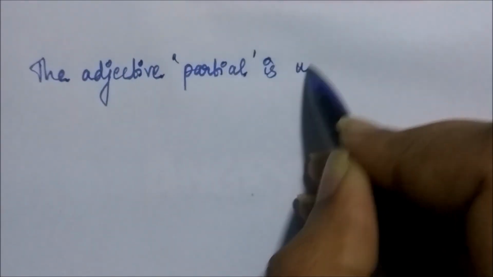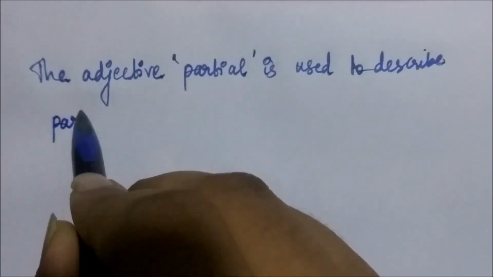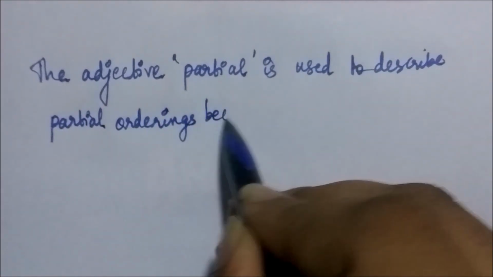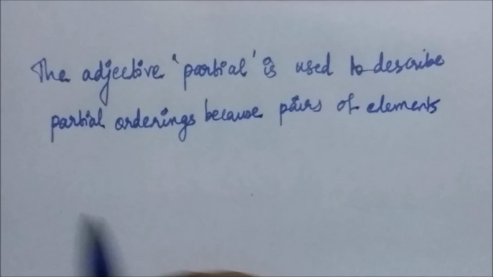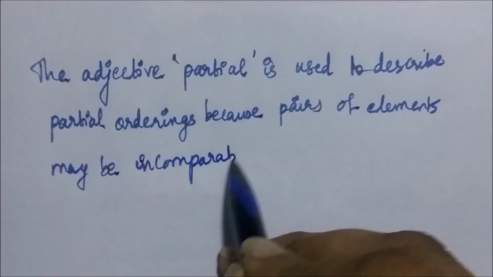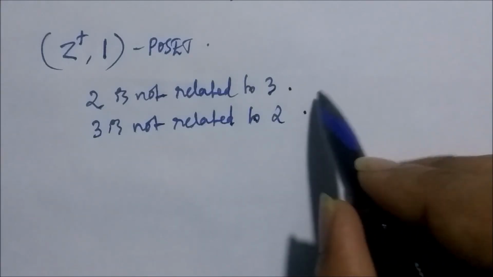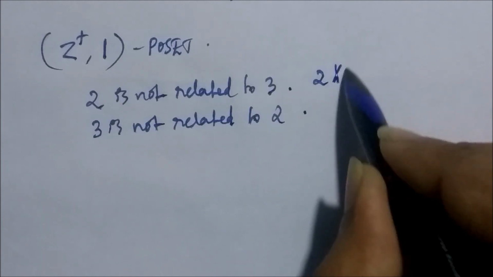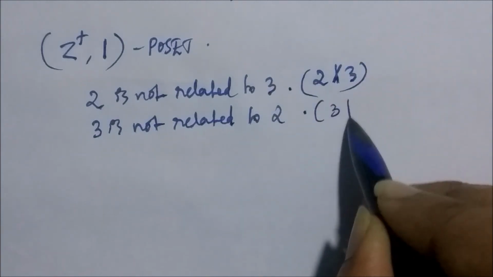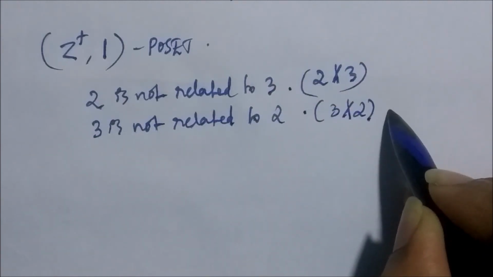So when we say partial ordering, the adjective partial is used because pairs of elements may be incomparable. As we saw, (Z+, divides) is a poset, but there are two elements 2 and 3 which are not comparable, right?